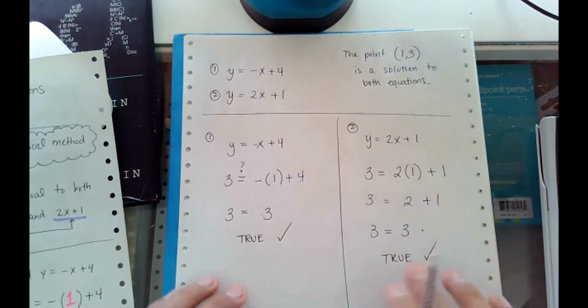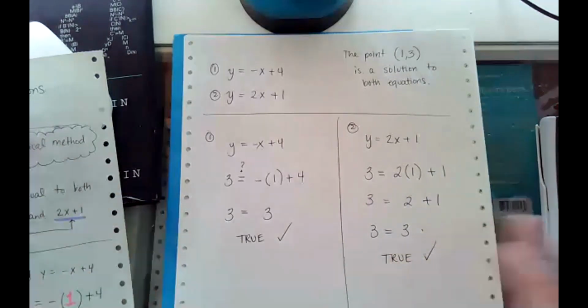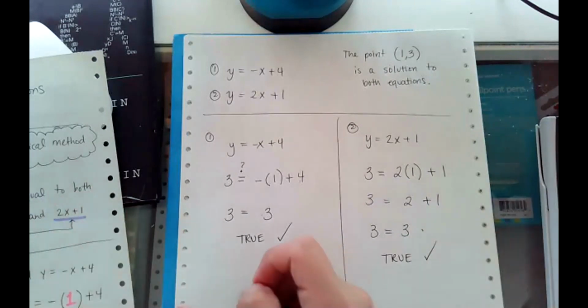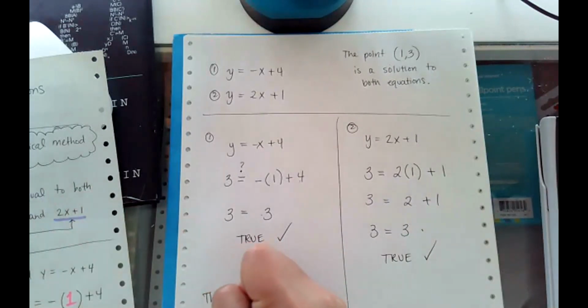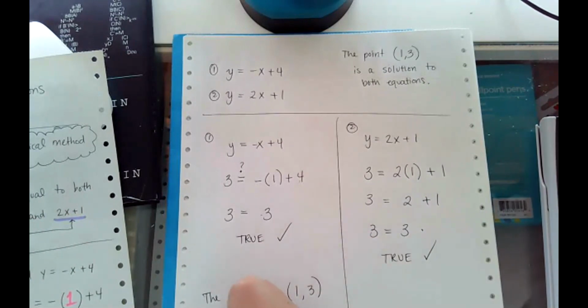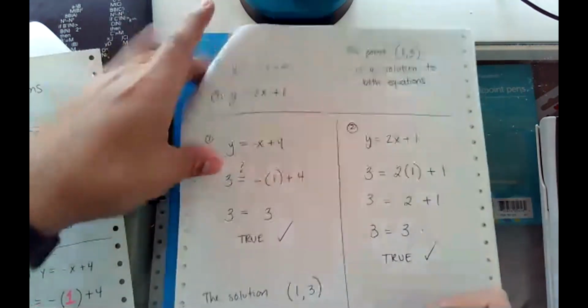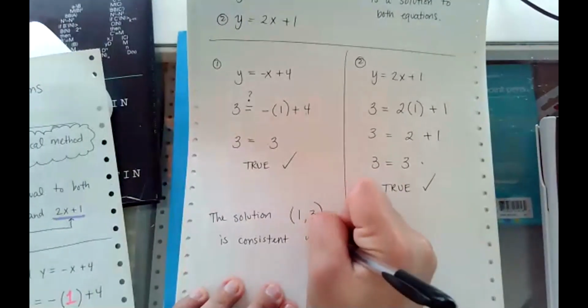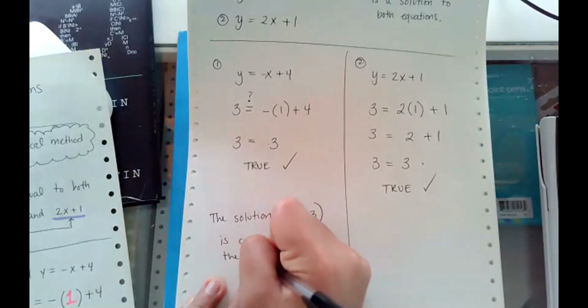And because they're true at the same time, that means that we did our work correctly, right? The solution of 1,3 is consistent. Or we would say that the system is consistent, that the solution works. Consistent with the system.